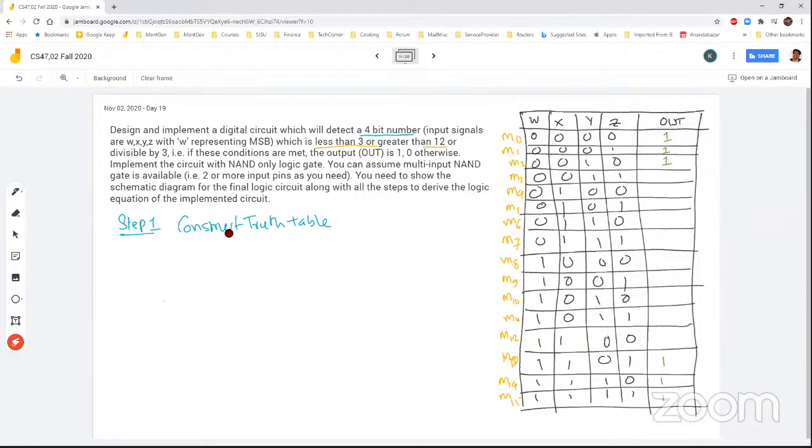So definitely 3, M6, M9, and M12 are all divisible by 3, so I can put M3, M6, M9, and M12 as 1. The rest of the entries will become 0.